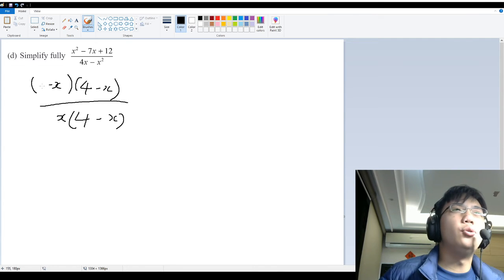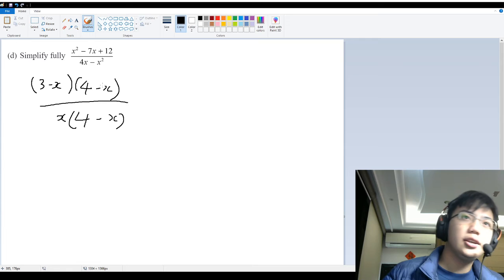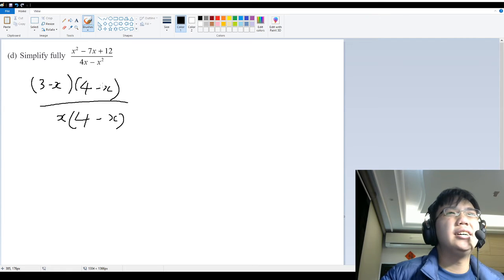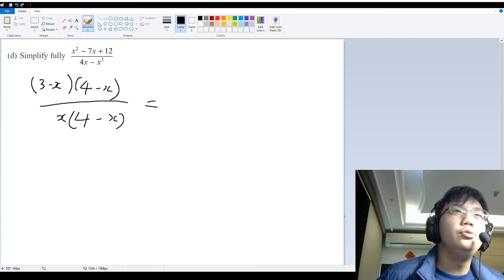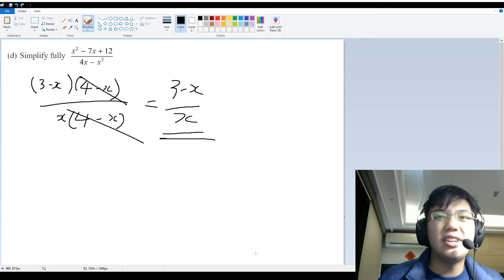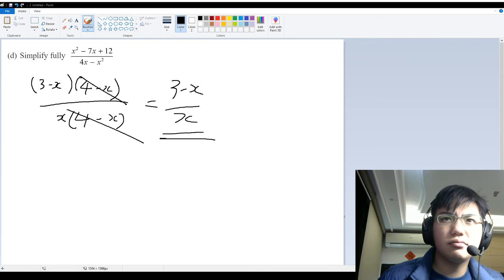Obviously 4 plus 3 makes 7, and 12 is just 4 times 3. So here we have the factorized fraction, and now we just remove 4 minus x from both sides, which gives us 3 minus x over x. And that is the answer for part D of question 15.